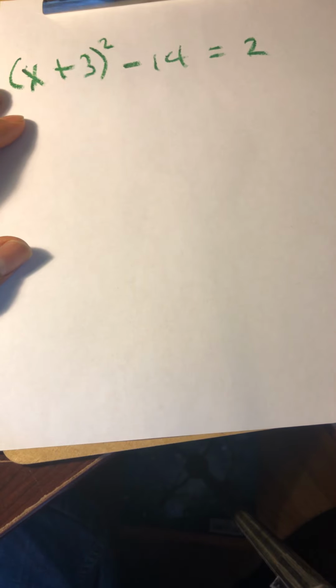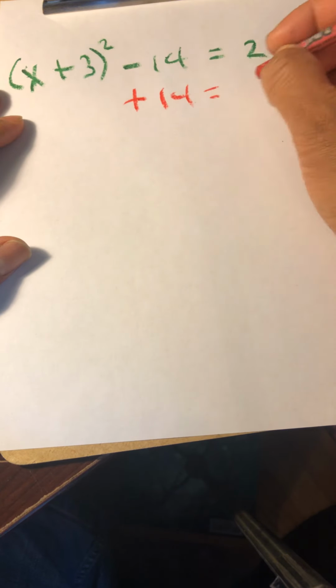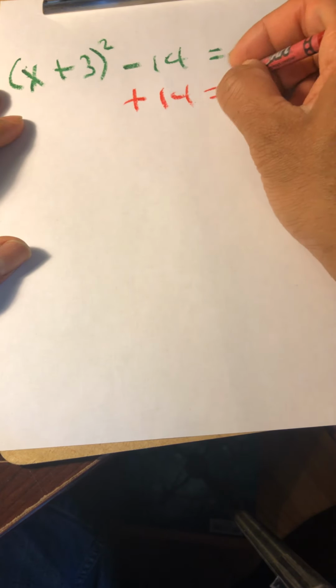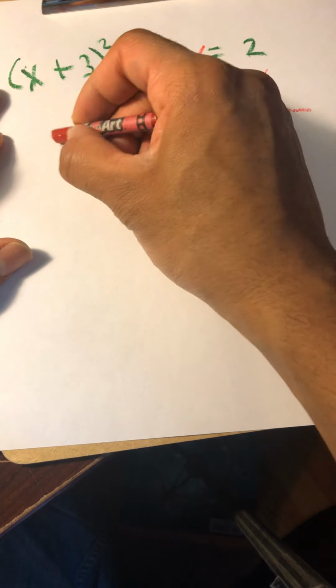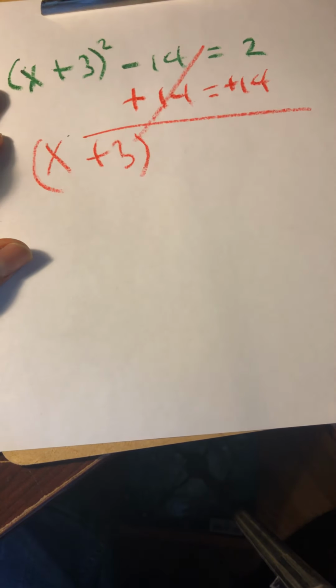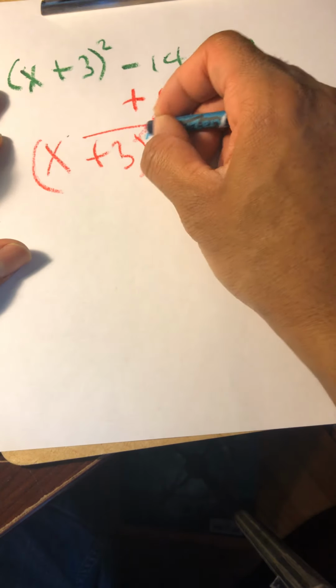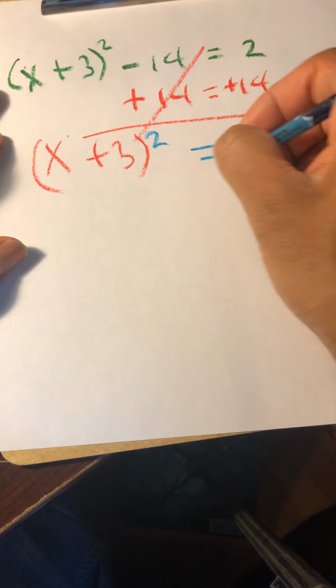I love the way this problem is going to work out. I'm going to add 14 to both sides. It cancels out, and I'm going to have x plus 3 squared is equal to 16.